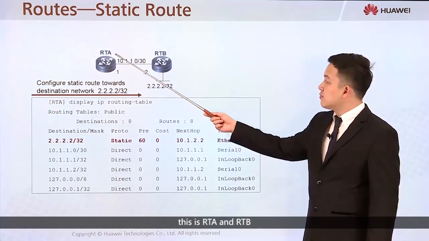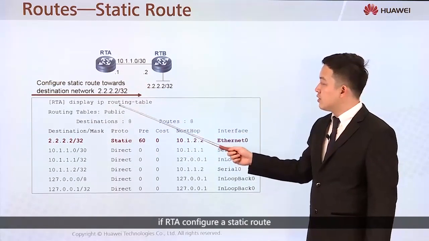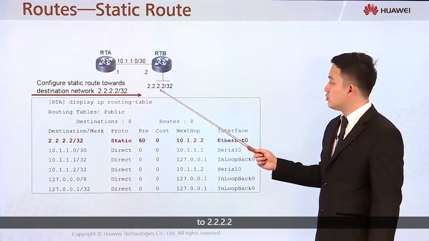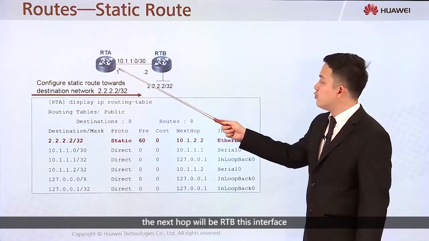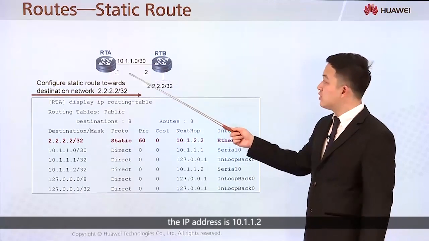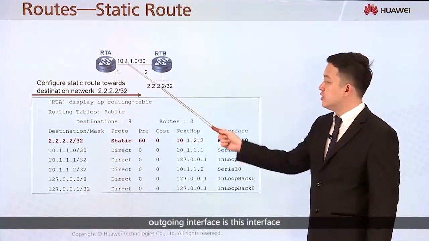This is RTA and RTB. If RTA configures a static route to 2.2.2.2, the next hop will be RTB, this interface, with IP address 10.1.1.2, and the outgoing interface is this interface.